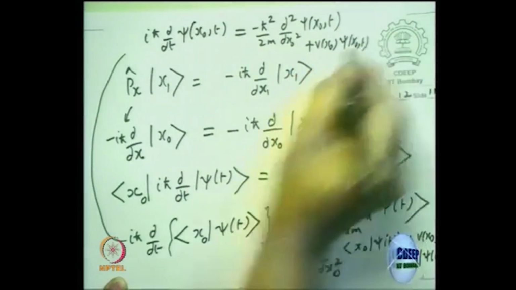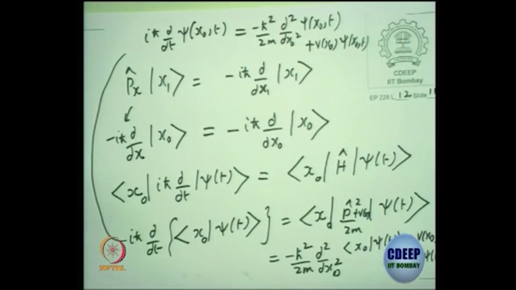What is this? This is your familiar Schrodinger equation in the wave function formalism. I postulated an equation for evolution of the state vectors. I systematically wrote my momentum operator using a position representation, which became a differential operator, and the equation which we get for the wave function is exactly your time dependent Schrodinger equation.